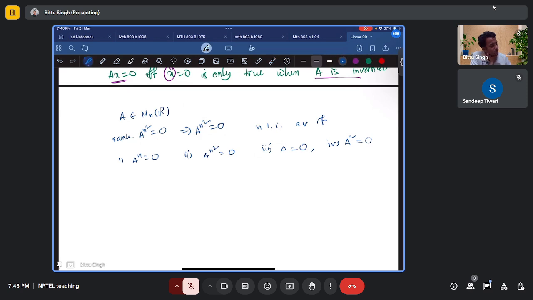Now, what about A square equal to 0? All of those are actually nilpotent operators. Given A square equal to 0, the maximum size of Jordan blocks is 2, and all diagonal entries will be 0.